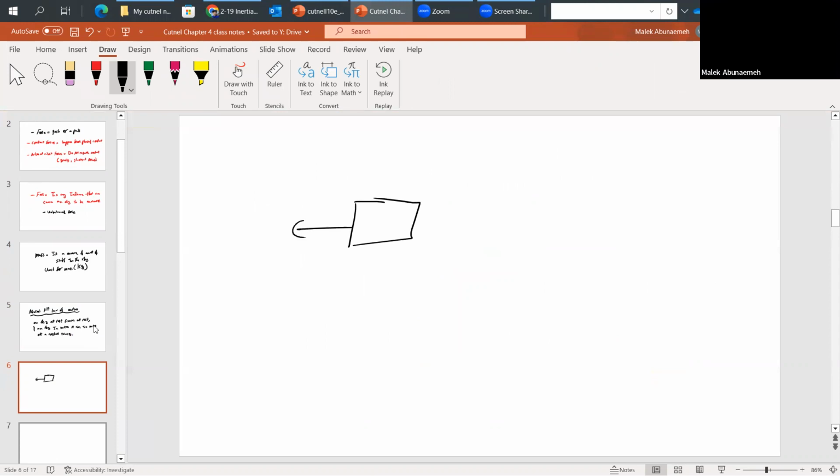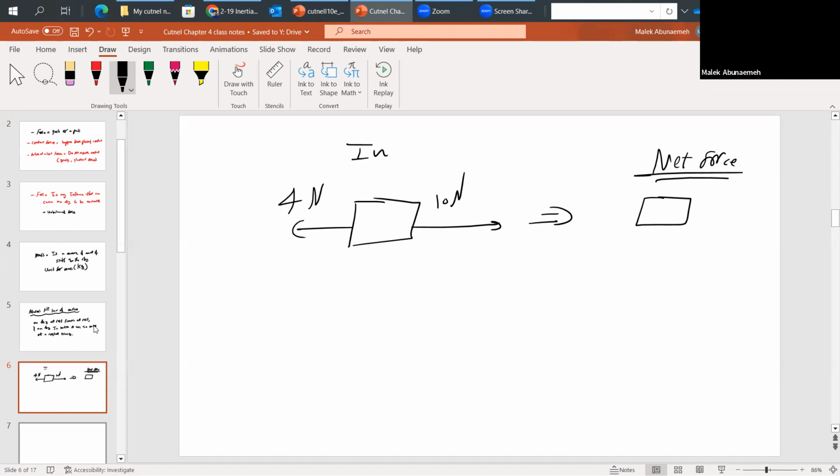and it was pushed at this side with a force of 4 newtons, and the other person is pushing it that way with a force of 10 newtons. Actually, let me make my arrow a little bit bigger. This means that your net force on this one is your force.